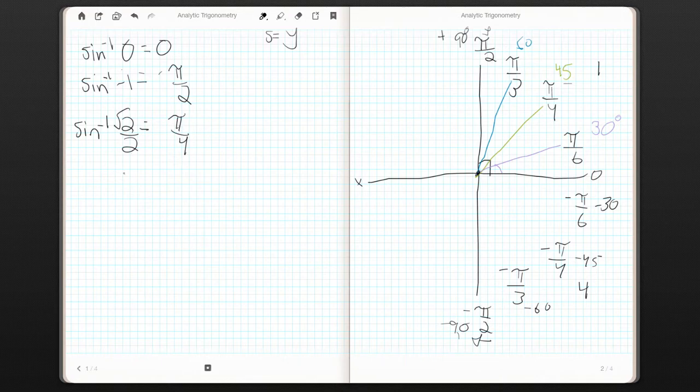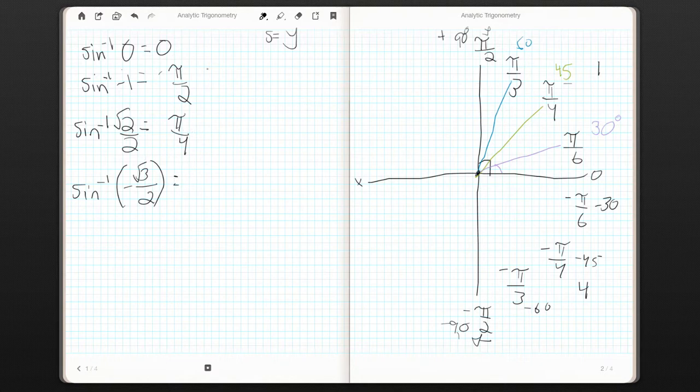Let's try another one. Arcsine of negative square root of 3 over 2. Okay, so again, kind of scary. But let's just dissect this and see where it goes. So first off, it's negative.